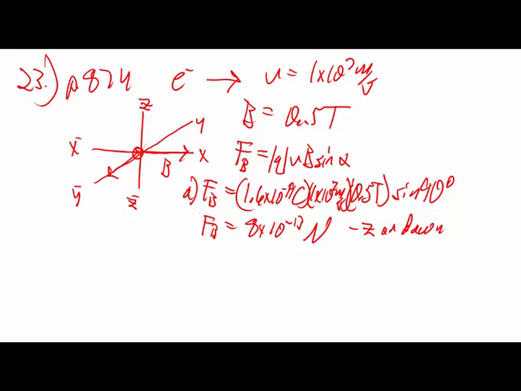Now, if we look at this, the magnitude of the magnetic force, of course, is 8 times 10 to the negative 13th newtons. And if we use the right-hand rule for forces, we find that the direction of the force is in the positive y-z direction.